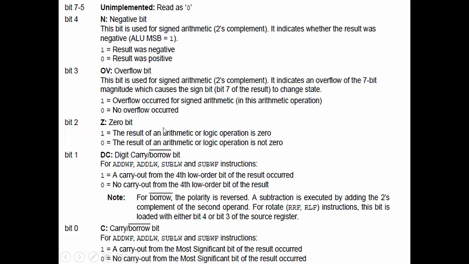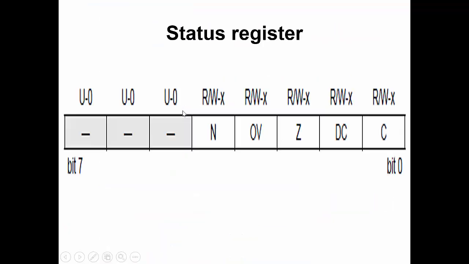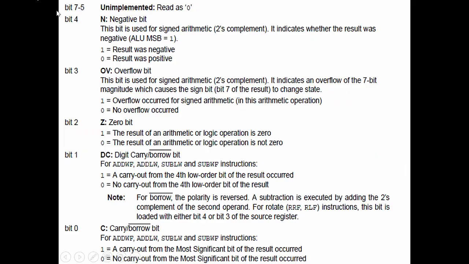Now coming to the explanation. The last 3 bits are undefined. Only the first 5 bits hold the status, and the last 3 bits are undefined, which may be 0 or 1. Generally, they will be declared as 0. Bits 5 to 7 are unimplemented, and are generally read as 0 only. Bit 4, that is N, stands for the negative bit.